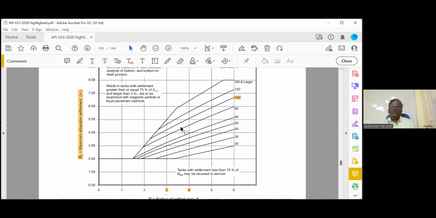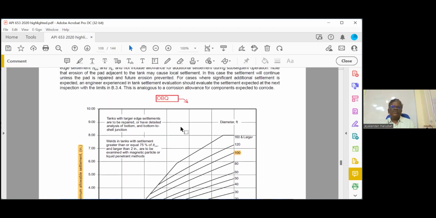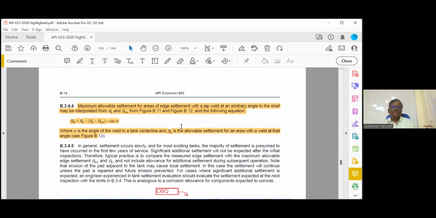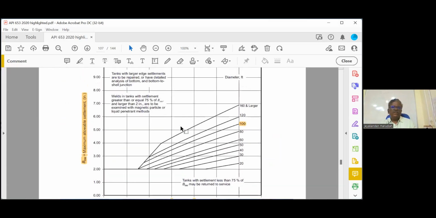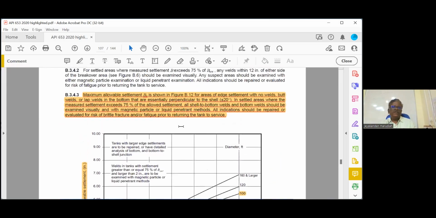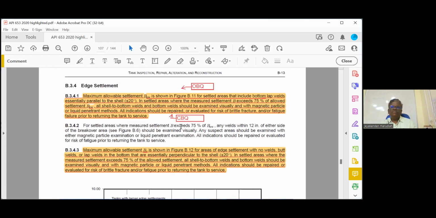Right. Now, if you read the paragraph above this, page number B13, edge settlement. Again, I will repeat. Where there is no perpendicular weld, only parallel welds are there, how much is allowed for 100 feet diameter, 3 feet? 3.5 inch allowed.